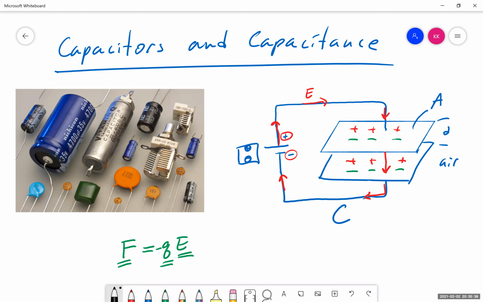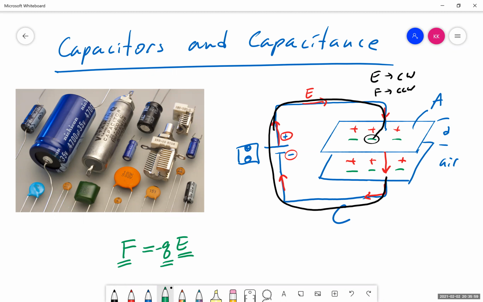So this electron is going to be taken from this plate and pushed in the opposite direction of the electric field. You can see the electric field is clockwise, so in this case the force will be counterclockwise. So this negative charge will be pushed all the way to the other plate.